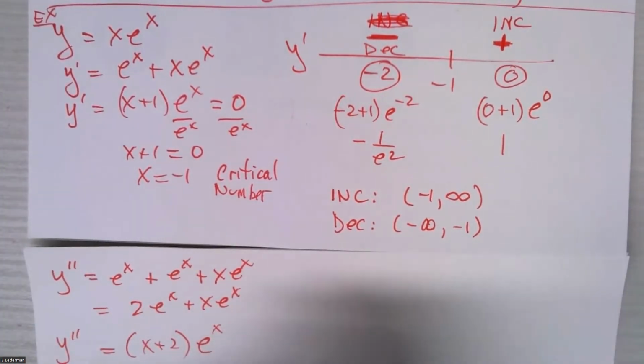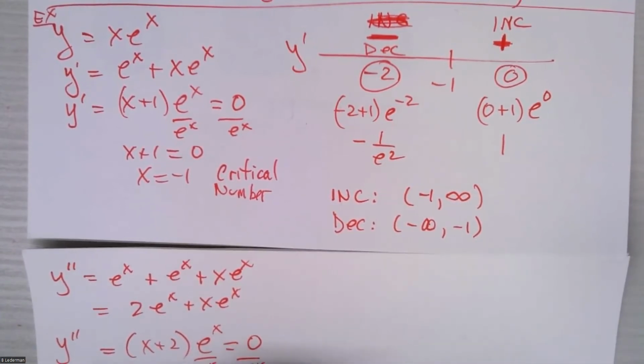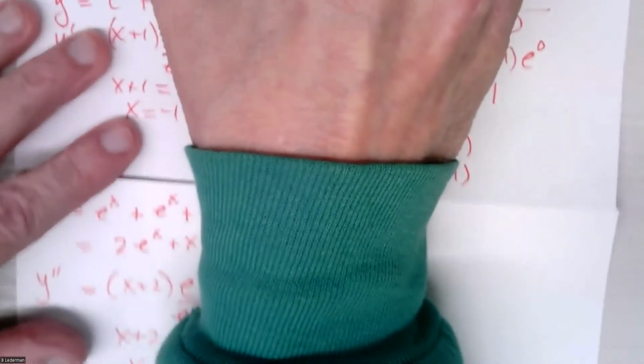So the only time this equals 0, again, if I divide each side by e to the x, I get x plus 2 equals 0, x equals negative 2. The only time the second derivative equals 0 is when x equals negative 2.